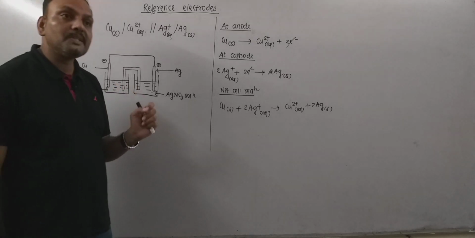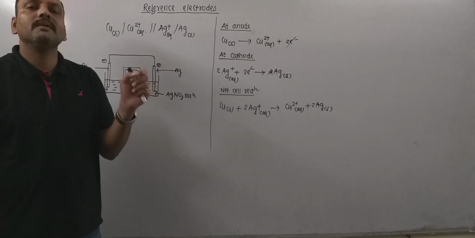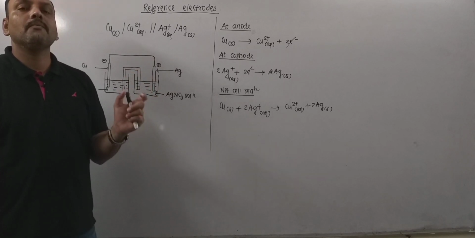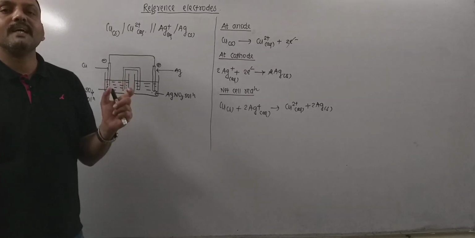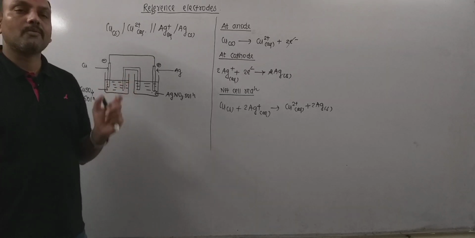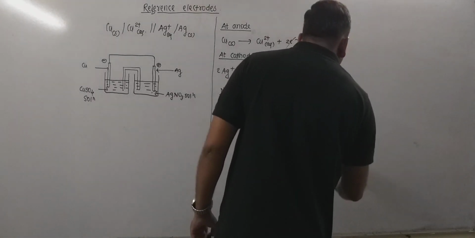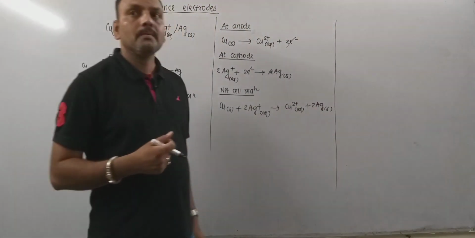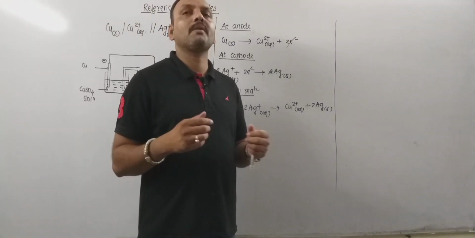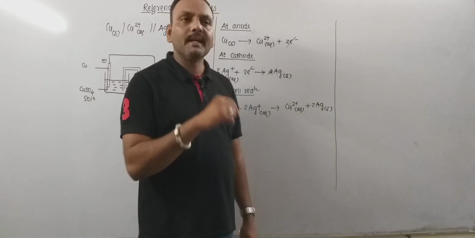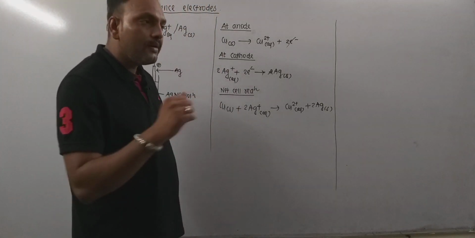If the potential of one of the electrodes is well known to you, then one can easily calculate the potential of that single electrode. Now how? Remember, if the potential of any electrode is exactly known to you, then that electrode is said to be a reference electrode. So our topic is the reference electrode.